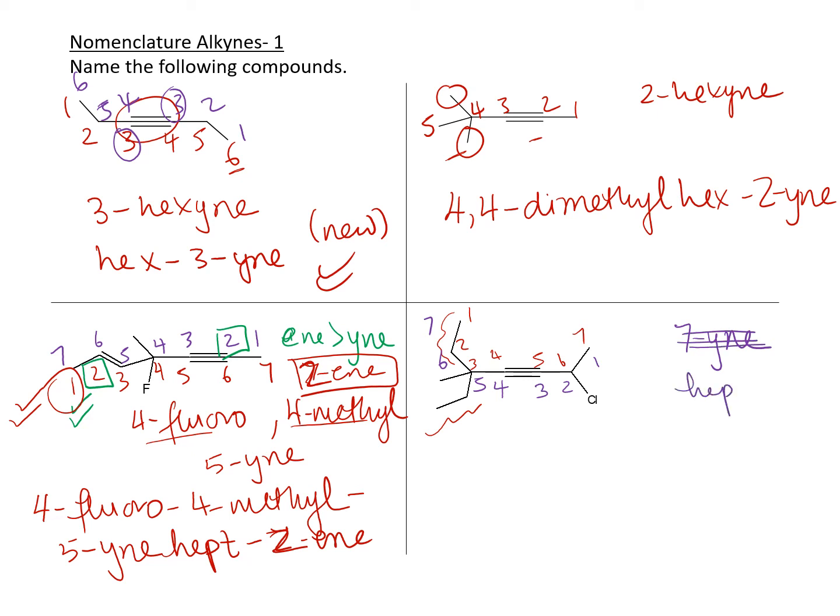That's really what I want to say. The location of the triple bond is going to be 3 and not 4. The red one is going to give it a higher number, so we don't want that number, we want 3. So it's going to be 3-heptine. That's how it's going to go.